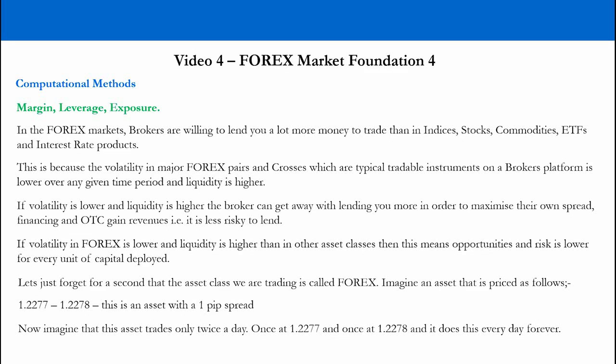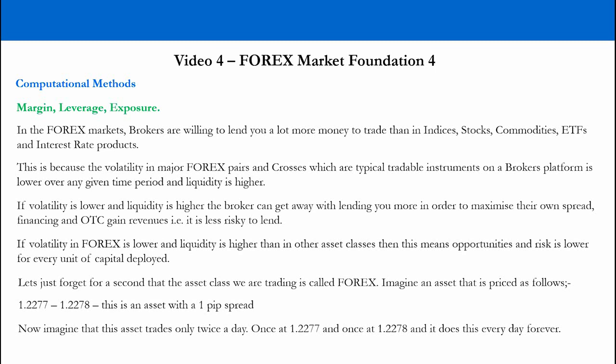I say this is important because in the retail trader market, Forex brokers are much more willing to lend you money, and more money to trade, than in any other product. So any other asset class, such as indices, stocks, commodities, ETFs, and interest rate products. And there's a reason for this.